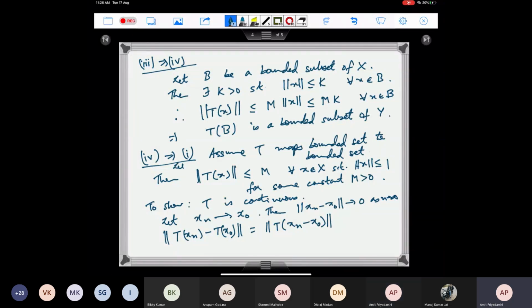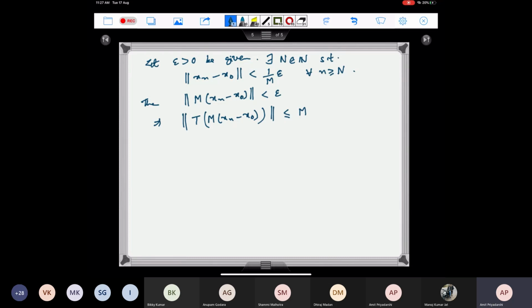So let epsilon greater than 0 be given, and then we will choose this m such that if norm x is less than or equal to epsilon, then norm of Tx is less than or equal to m. So instead of taking the unit ball, we take this ball of radius epsilon. So we get norm Tx less than or equal to m, and then we use this.